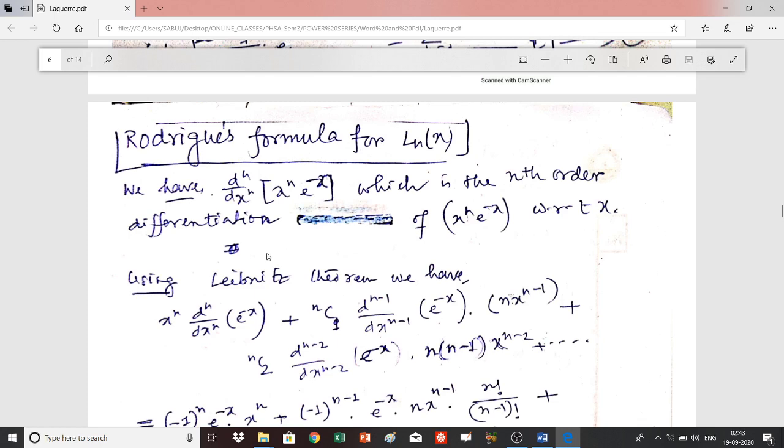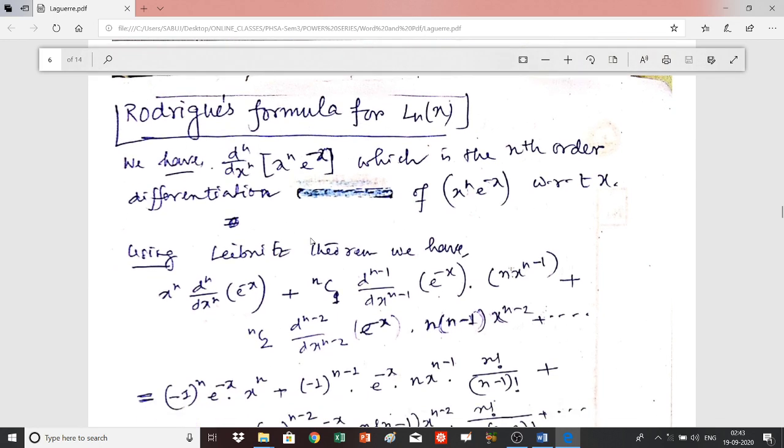And if we do that, here we have to use the Leibniz theorem. According to the Leibniz theorem, the nth differentiation of this function will be: first take x to the power n as constant, and perform the nth differentiation of the second function e to the power minus x.